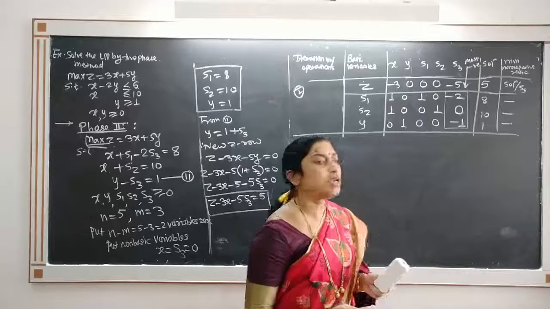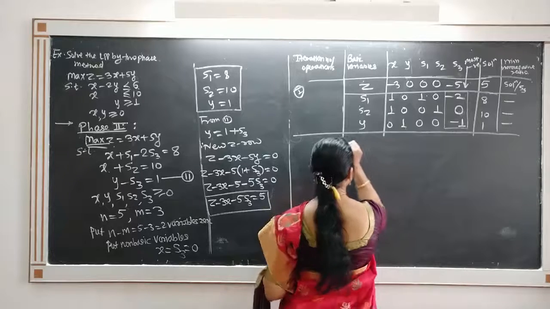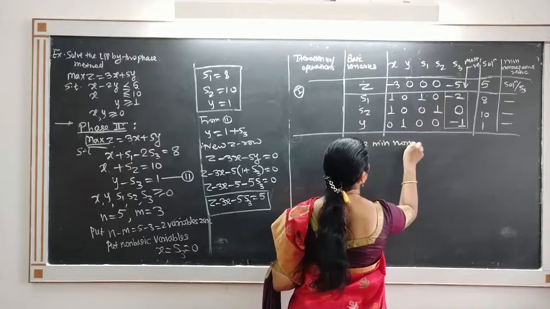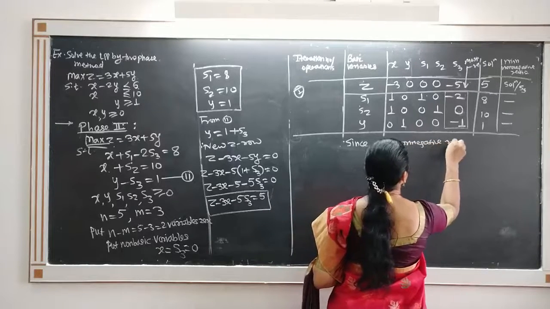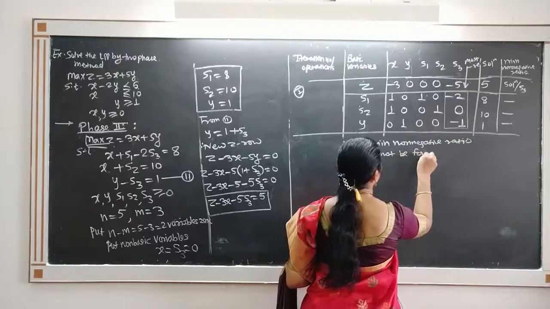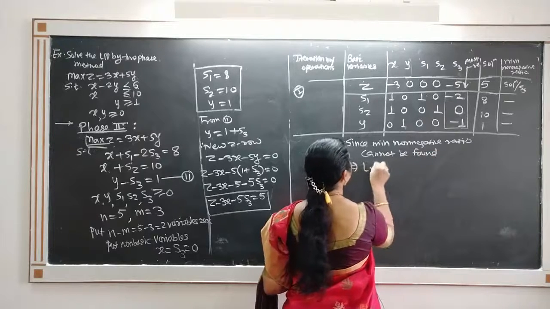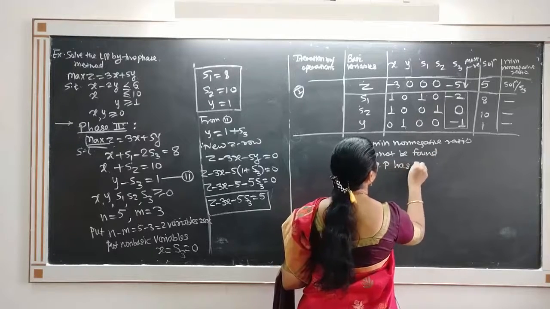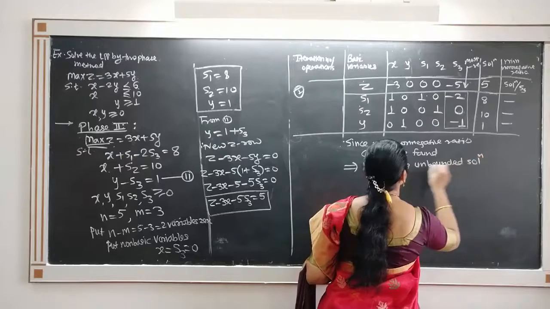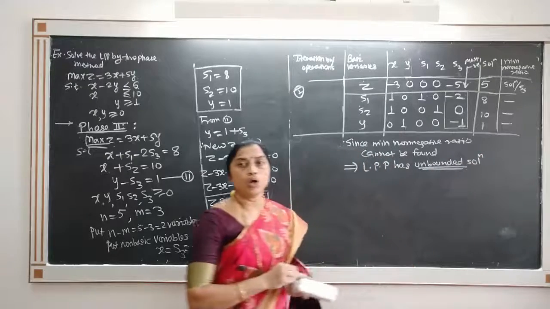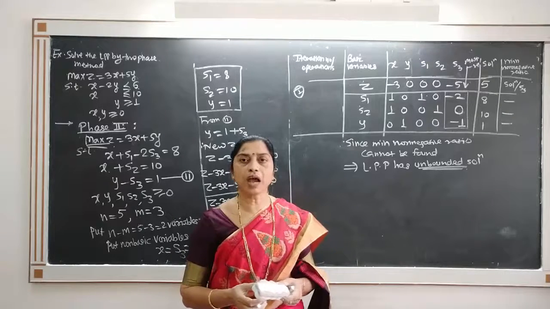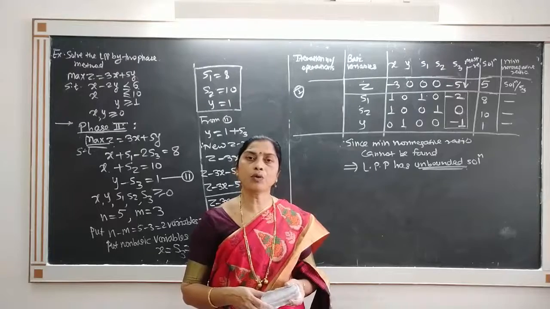So because the minimum non-negative ratio cannot be obtained, we conclude that this LPP has an unbounded solution.